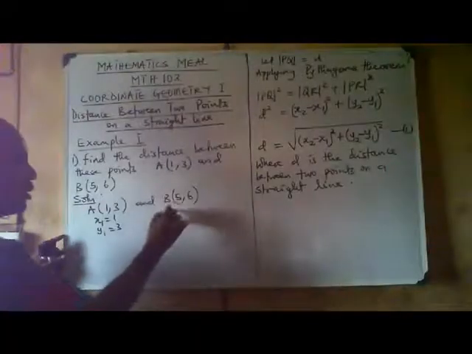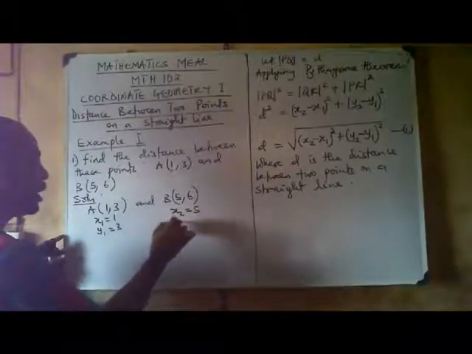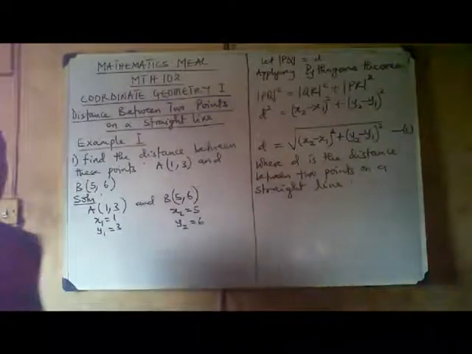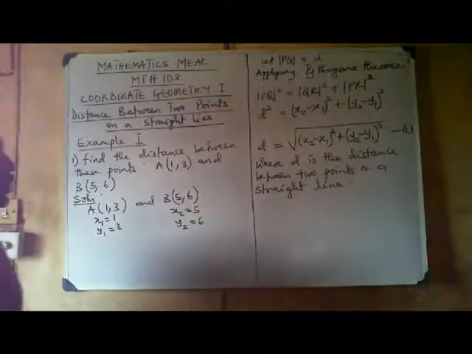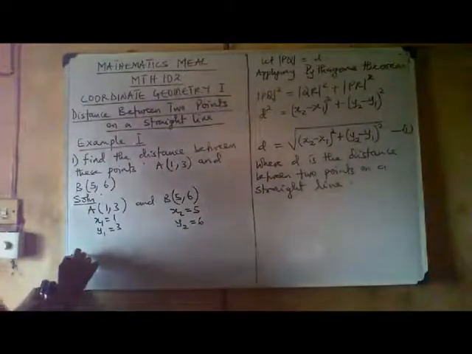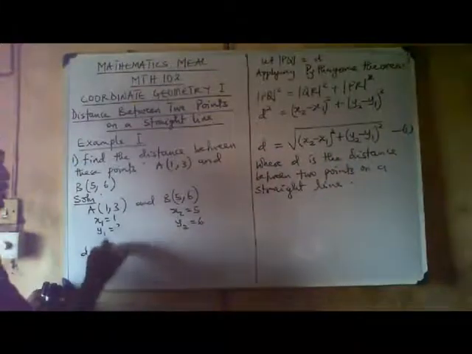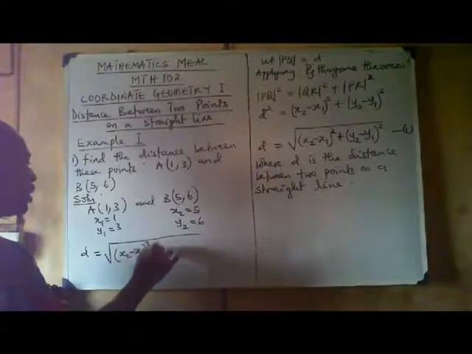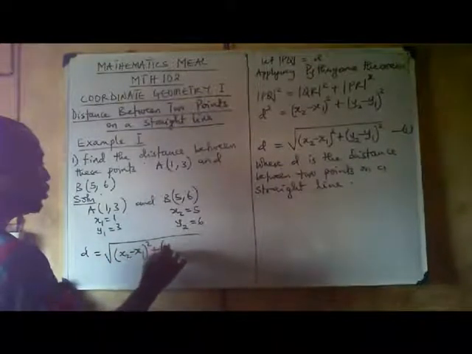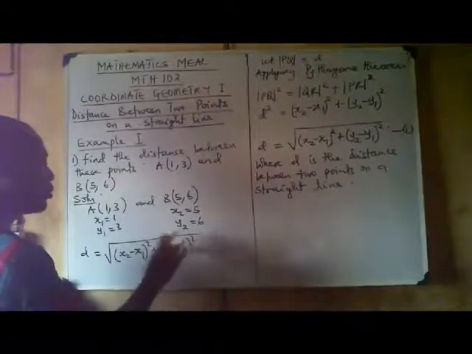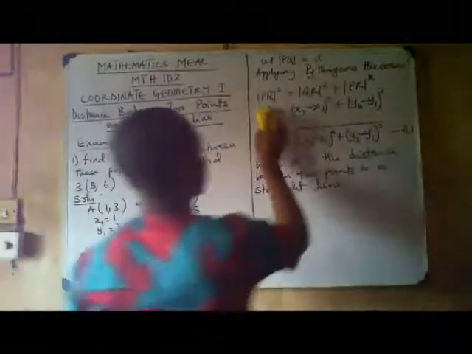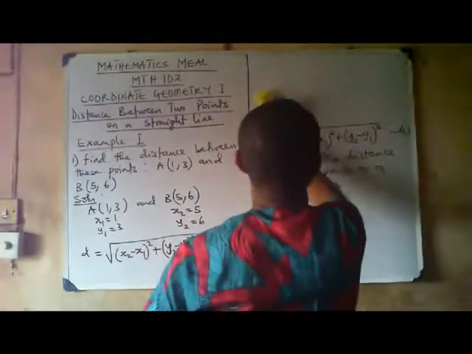Then here we have x2 to be 5 and y2 to be 6. So having identified x1 and y1, then x2 and y2, we can comfortably begin. d is equal to the square root of (x2 minus x1) all squared plus (y2 minus y1) all squared.